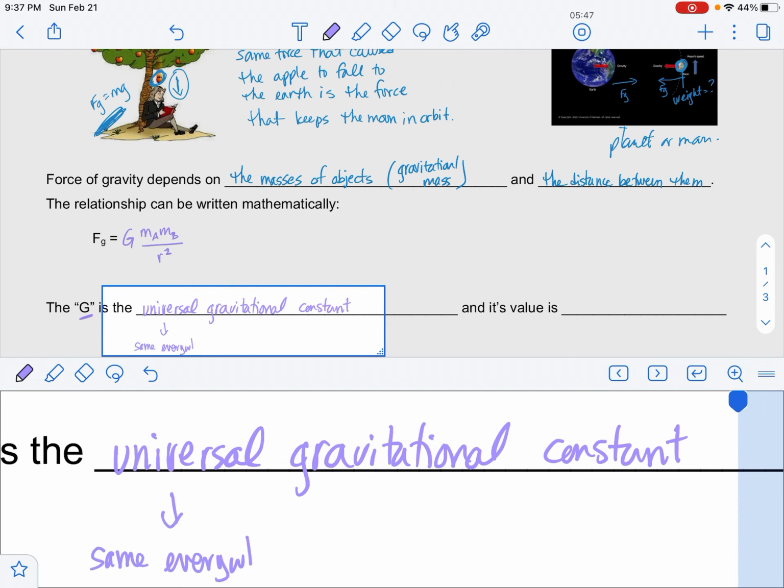If you go to Jupiter, it's the same. If you're sitting out in space, it's the same. If you go to the sun, it's the same. The universal gravitational constant, having to do with the pull of gravity. Constant. Doesn't change.